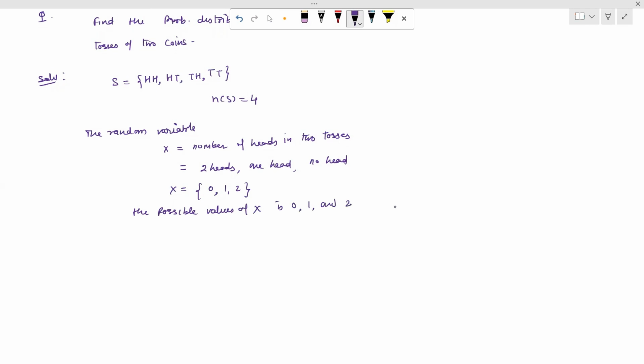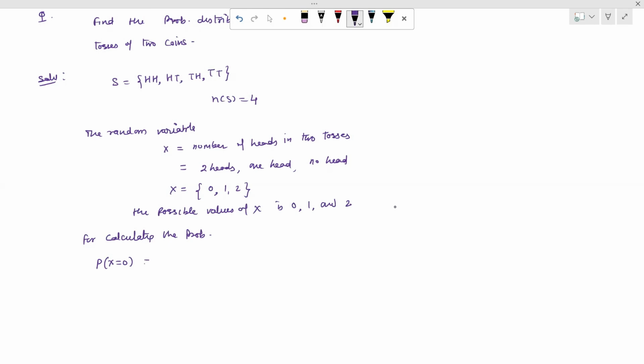Now, how do we calculate the probability? For calculating the probability, we move to the first one. That means the probability of random variable X equal to 0.